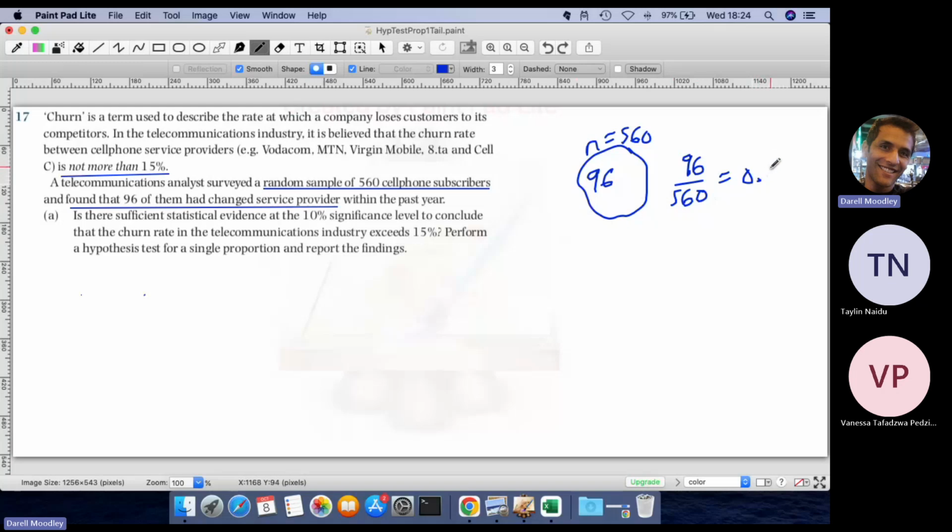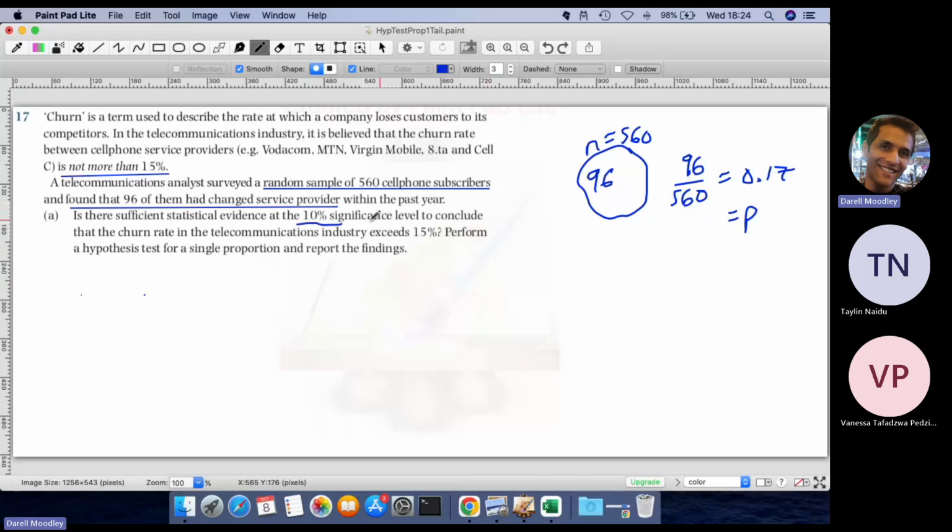You can write it either way, it's fine. We'll denote that by p because p is the proportion for your sample. Now, question A: is there sufficient statistical evidence at the 10% level of significance to conclude that the churn rate in the telecoms industry exceeds 15%?